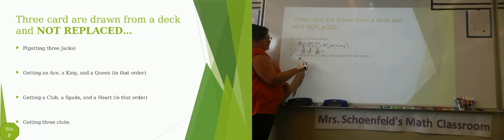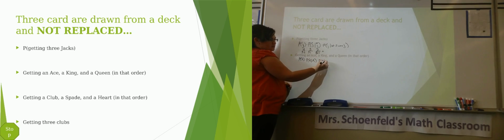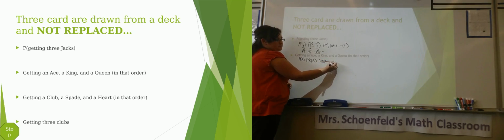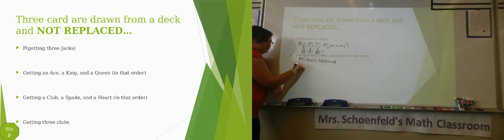Now we want to find the probability of getting an ace, times the probability of getting a king given that I already got an ace, and the probability of getting a queen after I got an ace, then king. So the probability of an ace is 4 out of 52.